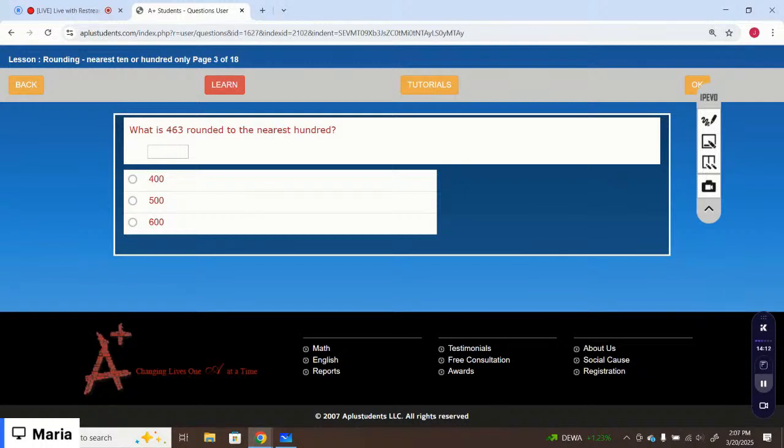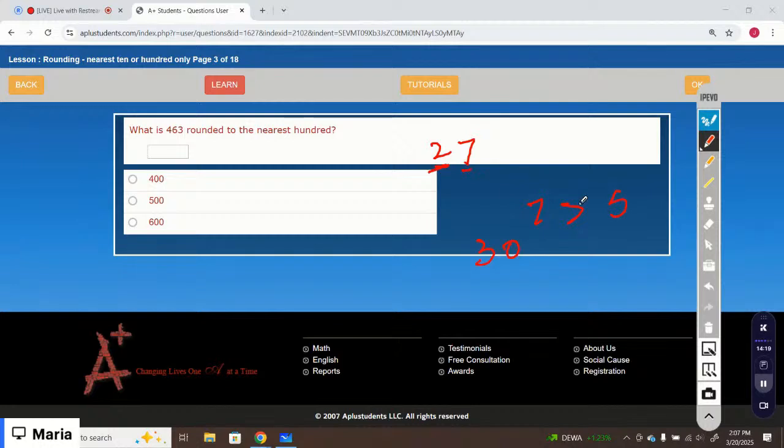What is 463 rounded to nearest 100? So 463. The hundreds digit is 4. On the right hand side of the 4, we have 6. 6 is greater than 5. That means you need to round up, add 1 to the hundreds digit and replace the other two digits with 0.